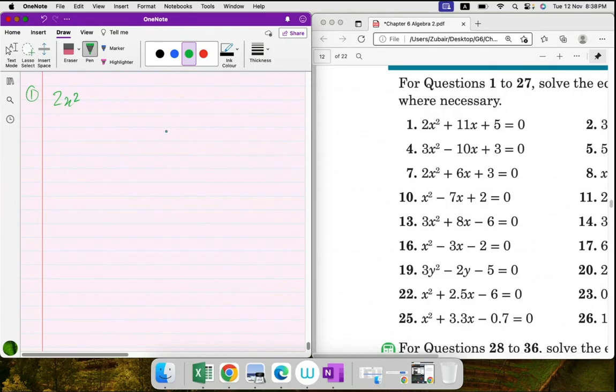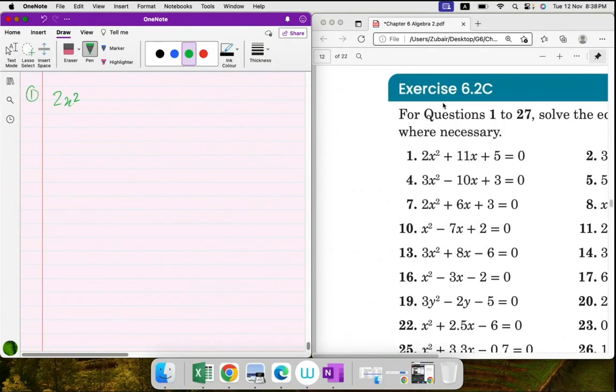Question number 1. This is exercise 6.2c. 2x square plus 11x plus 5 is equal to 0. Now the quadratic formula: minus b plus minus square root of b square minus 4ac over 2a.